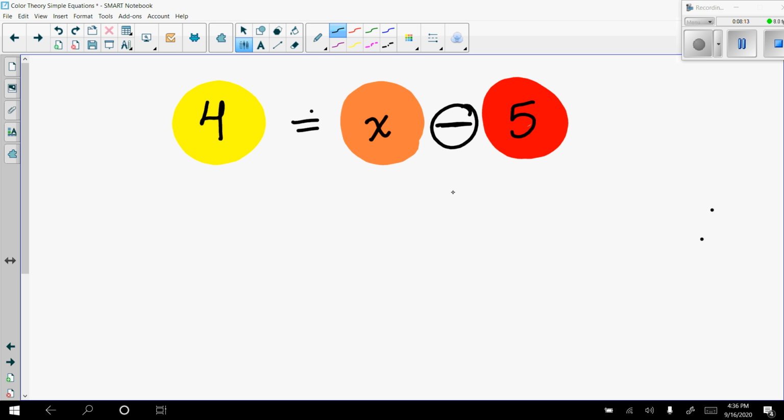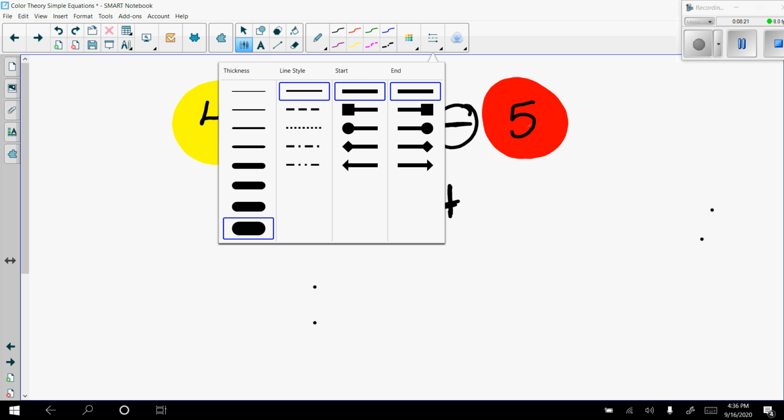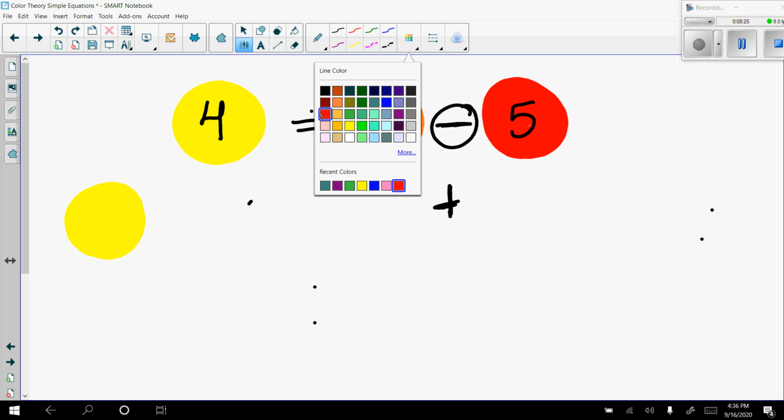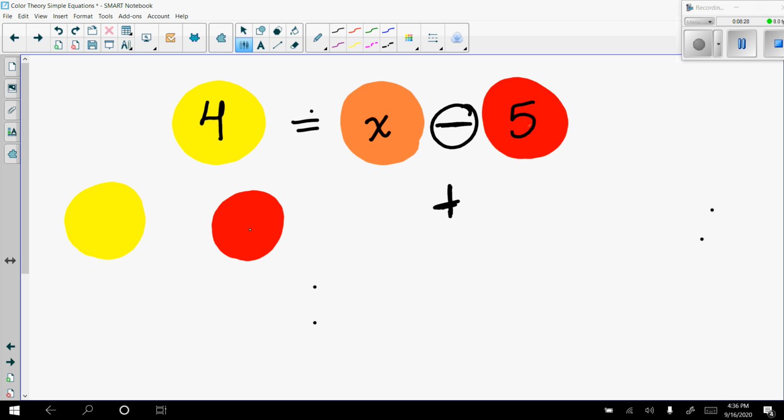And the opposite of subtraction is addition. And I'm going to have to add 5 to both sides. So if I'm using the colors, we're going to have 4 plus 5 is equal to x minus 5 plus 5.